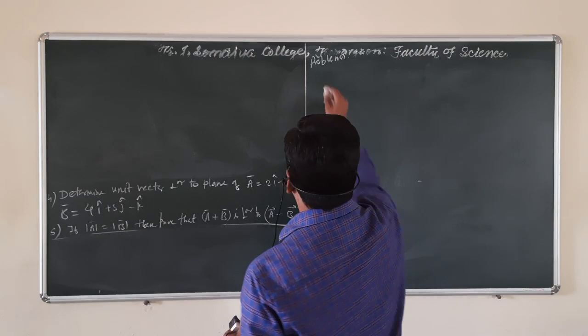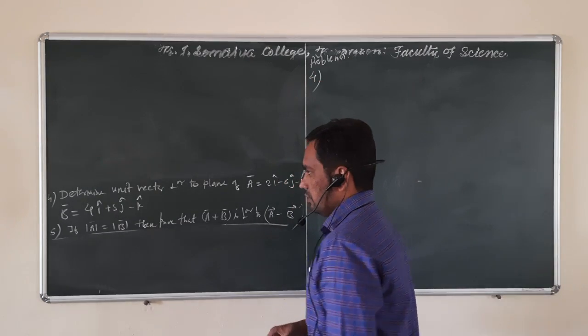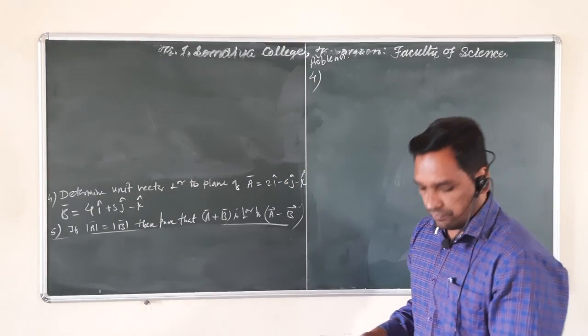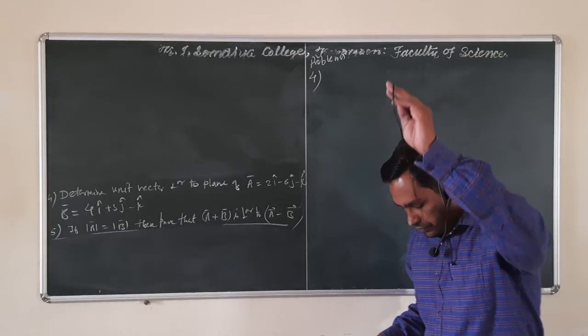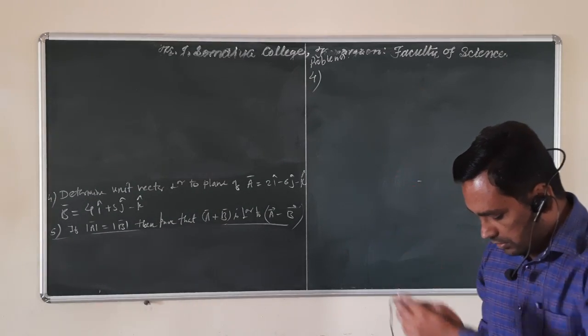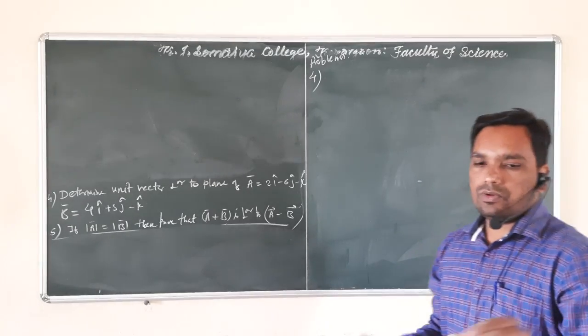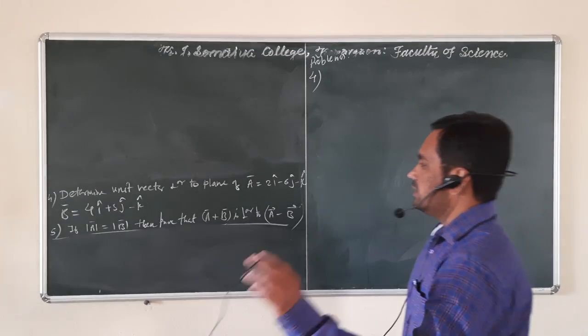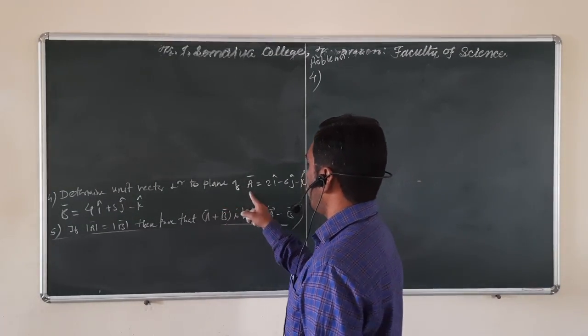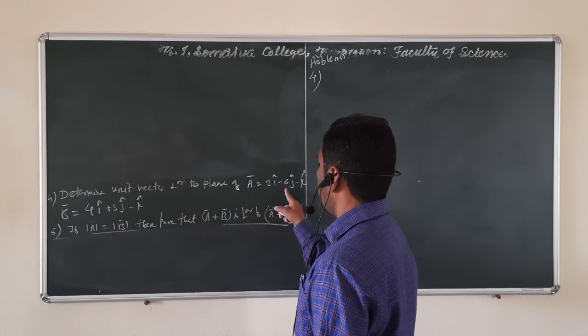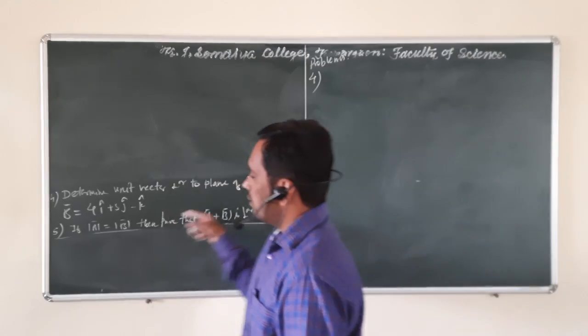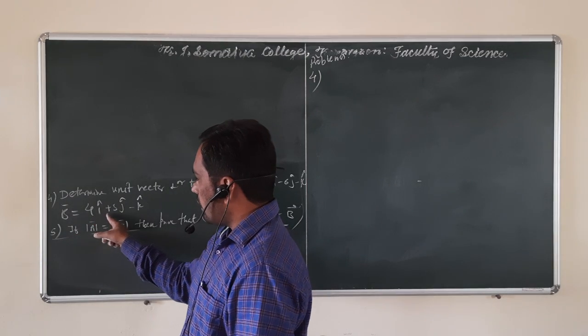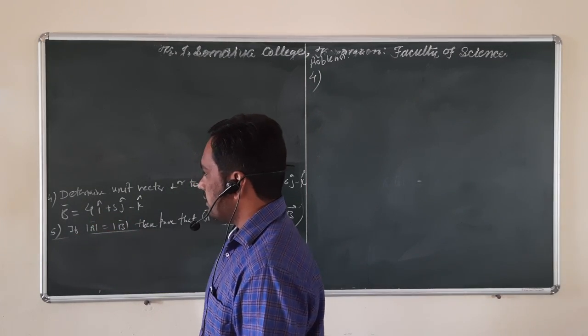What is problem number 4? Determine unit vector which is perpendicular to plane of vector A, which is 2i minus 6j minus k, and vector B, which is 4i 3j and minus k.